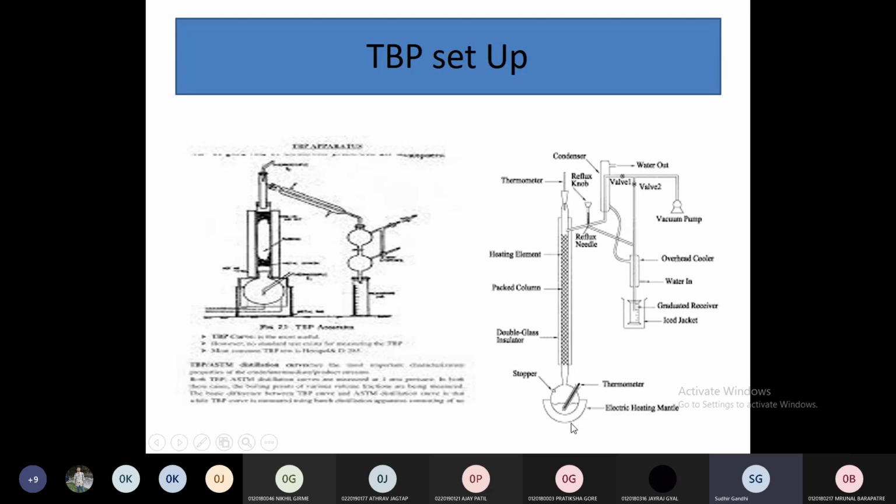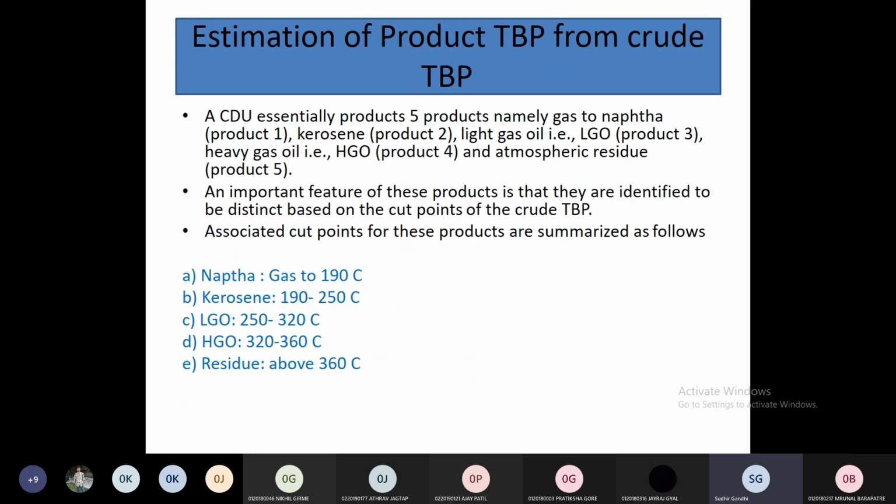So this is what is represented, and for that, the specific distillation rate is what I already told you. Now, when we are talking about true boiling point distillation, we need to understand that we typically talk about only 5 cuts, because the residue above 360 is typically not considered.